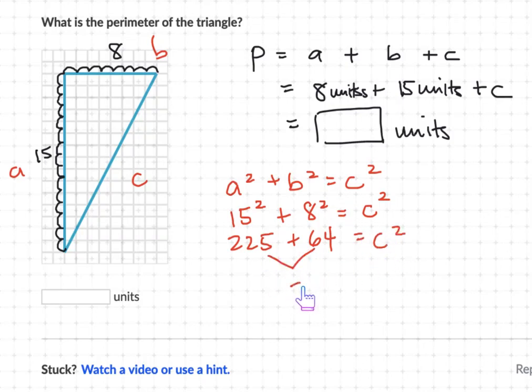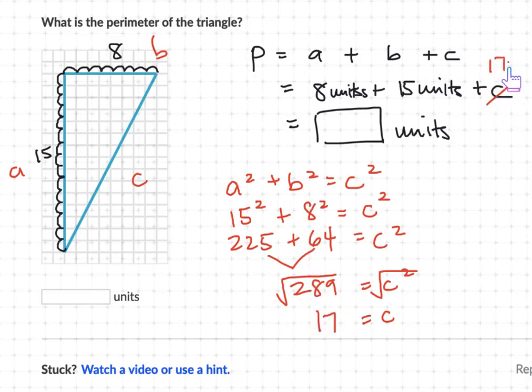When I add those two together, I get 289, and so c squared is equal to 289. c by itself would be equal to the square root of it. Let's see, does 289 have a square root? Yes, it does, 17. So now we know that c is equal to 17 units.